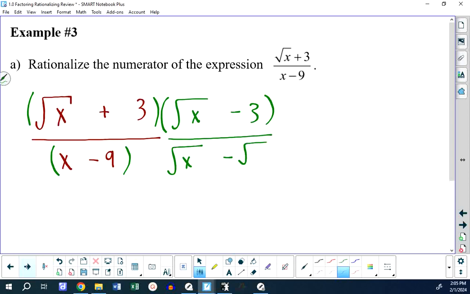I hope it goes without saying that the reason we multiply the numerator and denominator by that is we don't want to change the value of the quantity. And root x minus 3 over root x minus 3 is 1. We're not changing it. We're just multiplying by 1 effectively.